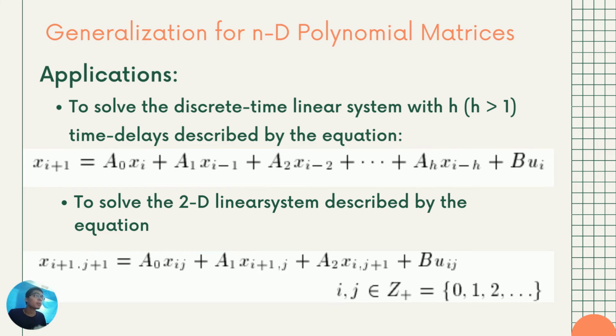Now, generalization for ND polynomial matrices makes it more efficient and useful to process signals with certain delay, and the given equation suggests how to perform that action. Next application is to solve 2D linear systems described by the equation. Here, it is very theoretical, not so practical, but these theoretical formulas will be an integral part of a certain practical solution which we will have in coming days.